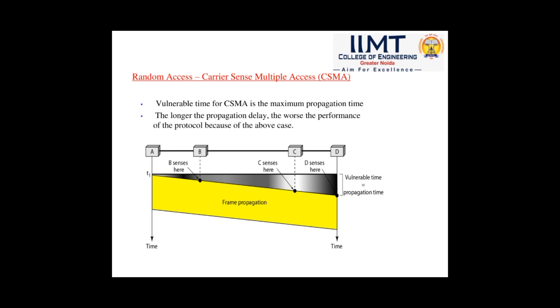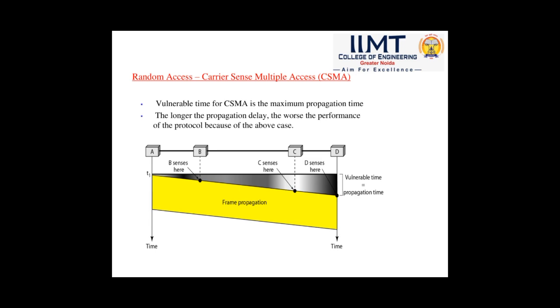If 10 stations are present and station 6 wants to send some data, it first checks whether the channel is idle or busy. If the channel is busy, it waits for some amount of time. When it finds the channel idle, it sends its frame so that collision is minimized.